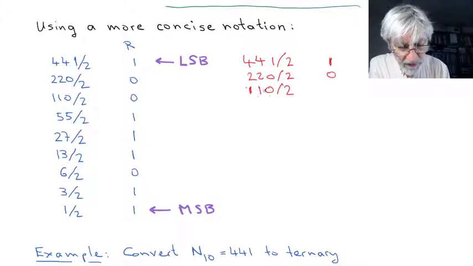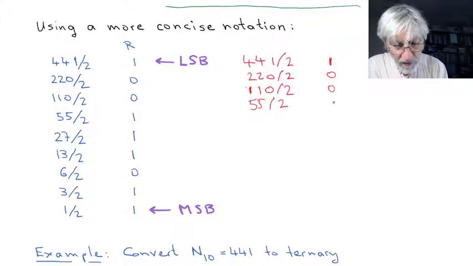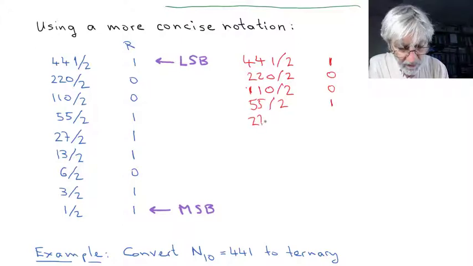And we divide that by 2, so that gives us 55 and the remainder of 0. So we have the 55 here, and we divide that by 2. 55 divided by 2 gives us 27 and the remainder of 1. 27 divided by 2 gives us 13 and the remainder of 1.